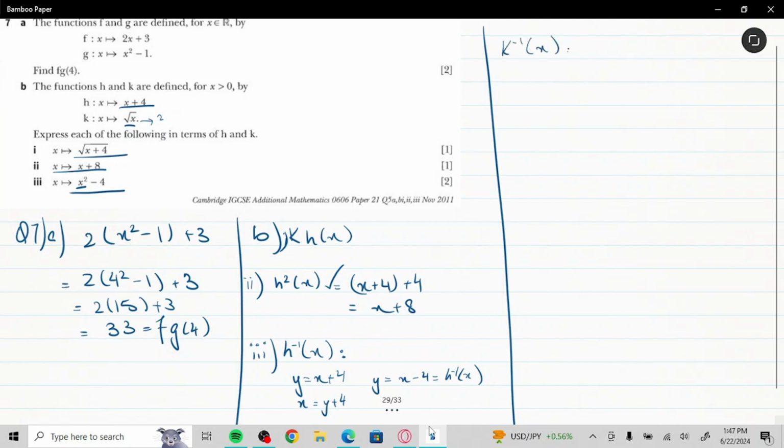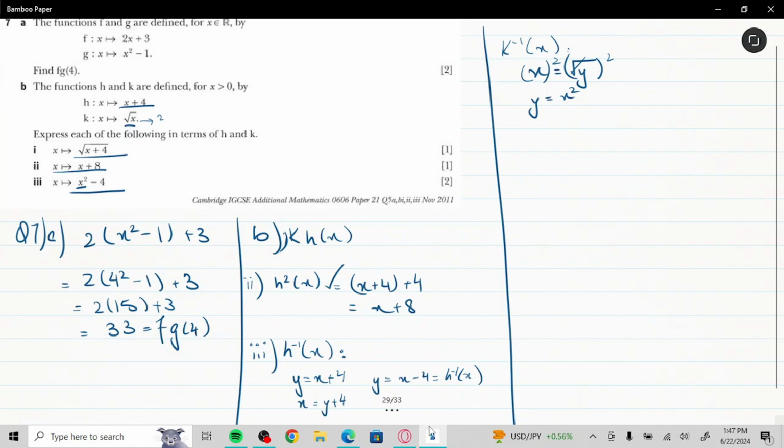I'm just skipping step 1. So if we say x is equal to square root of y, and make y the subject, y is equal to x squared, because we will square both sides, and y will be cut down with the square. So y is equal to x squared. Now we have the two things we need, x squared and x minus 4.